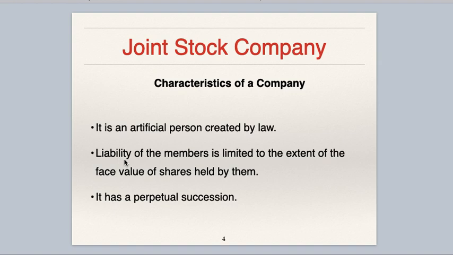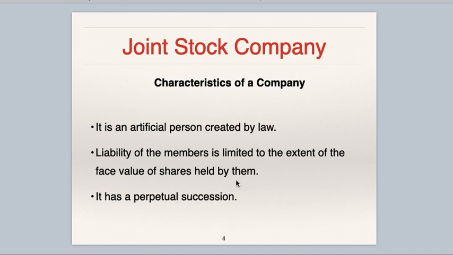Second characteristic is liability of member, that is shareholder, is limited to the extent of face value of shares held by them. That means at the time of winding up of a joint stock company, if assets are not sufficient to pay liabilities, then shareholders will suffer only to the extent of face value of shares held by them.